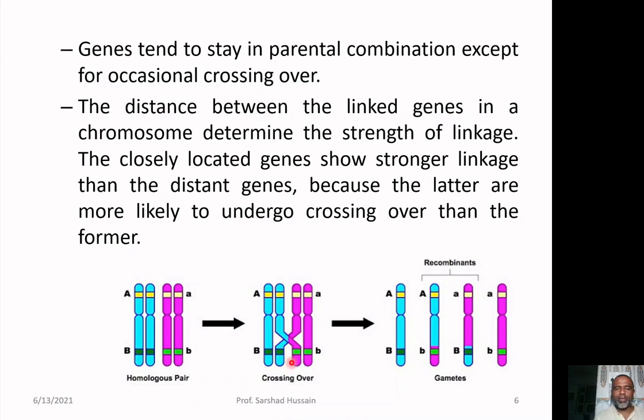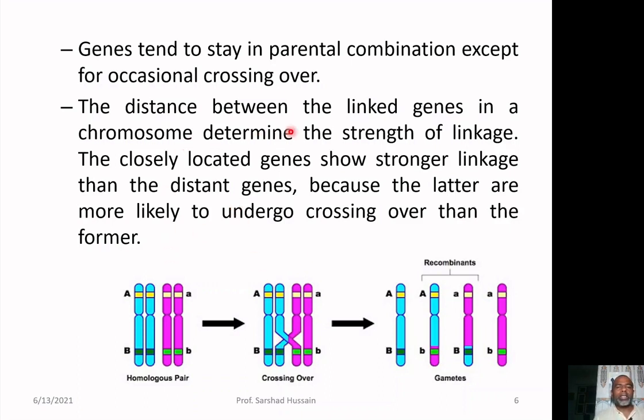Once crossing over occurs, the chromosomes separate and small b has come along with capital A. So, even if the genes are present on the same chromosome, they may have a chance to get separated.